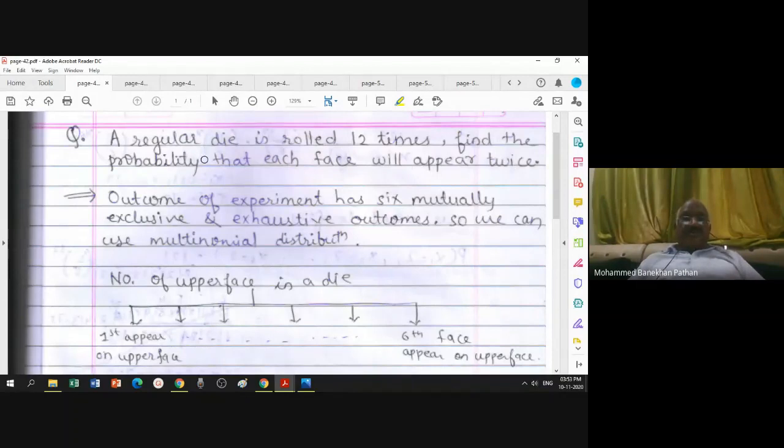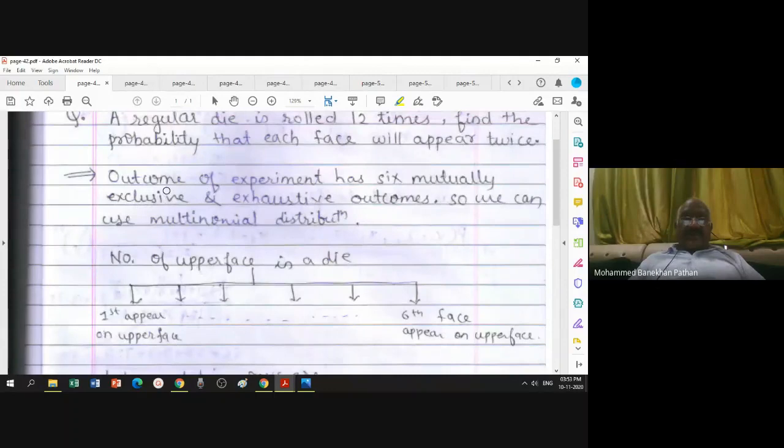So the question belongs to multinomial distribution since every trial has more than 2 outcomes. Let us see how to solve this problem. The outcome of the experiment has 6 mutually exclusive and exhaustive outcomes in nature, so we can use multinomial distribution, that is the logic.